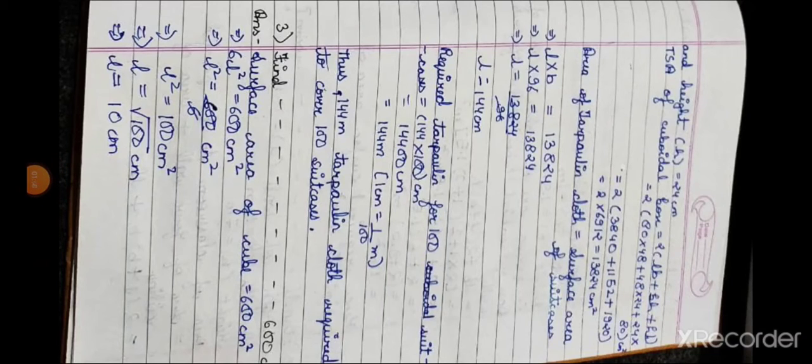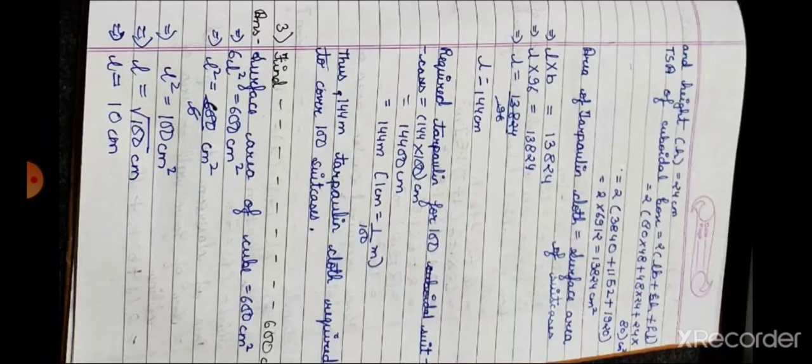TSA of the cuboidal box is equal to 2 multiplied by length multiplied by breadth plus breadth multiplied by height plus height multiplied by length. After substituting values and calculating, we have the answer 13,824.